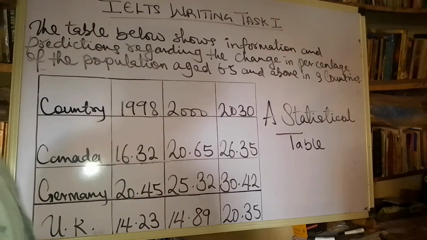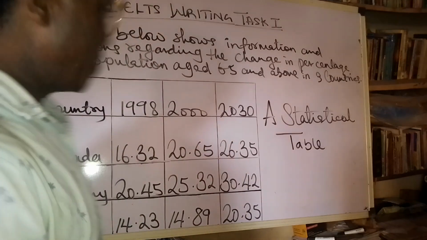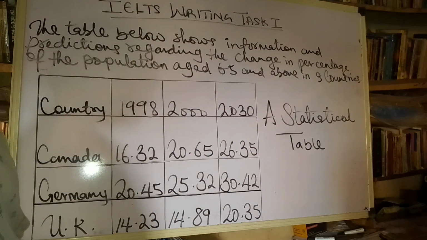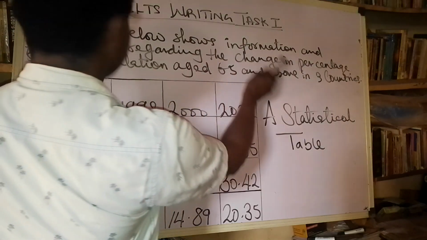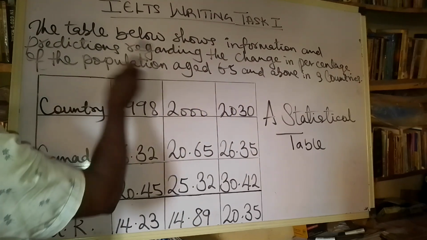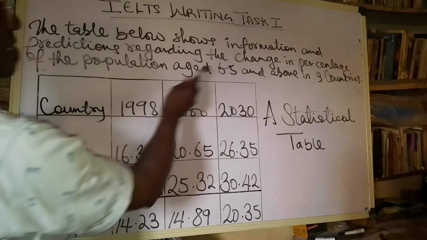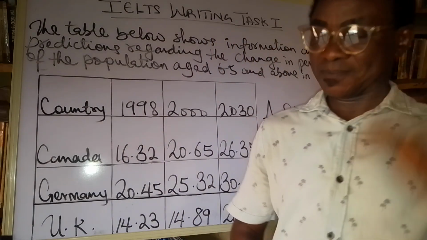So back to what we have today. What is the table really all about? The information is clearly presented above the table. It says, the table below shows information and predictions regarding the change in percentage of the population aged 65 and above in 3 countries.